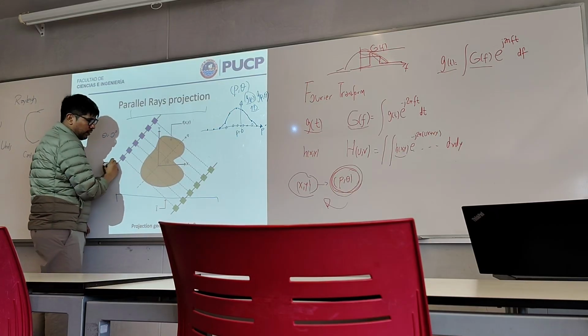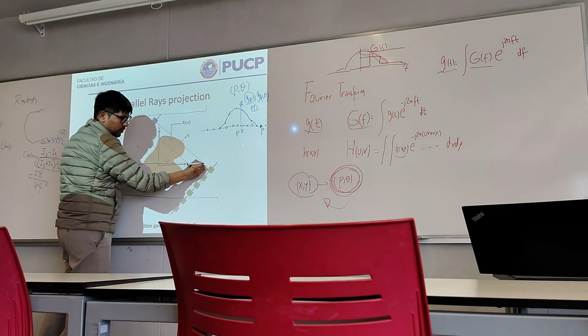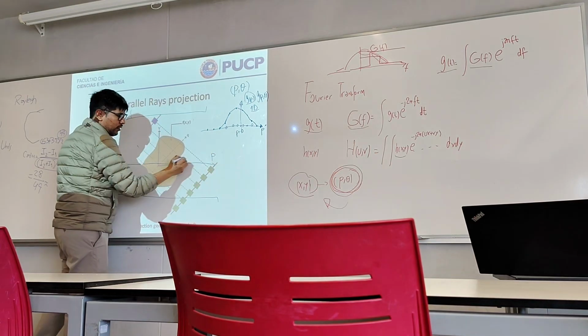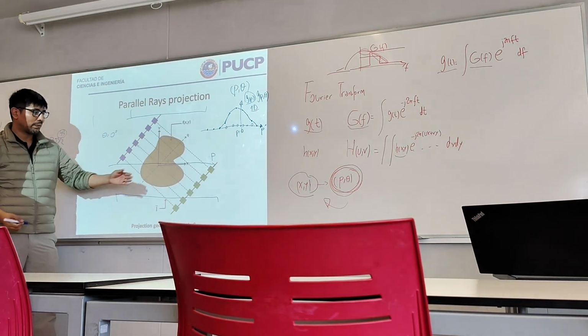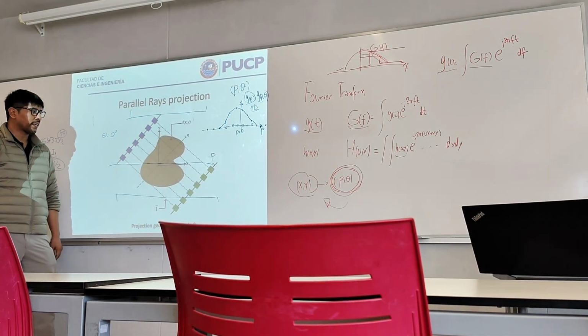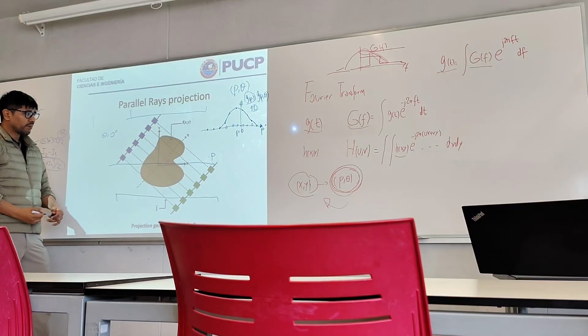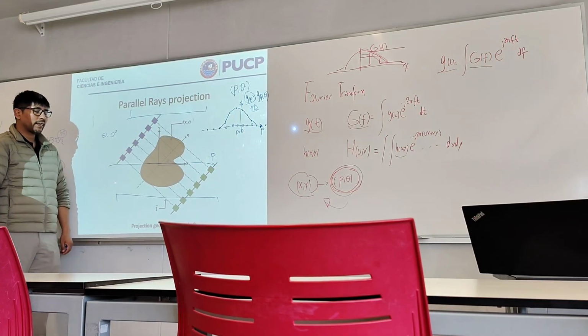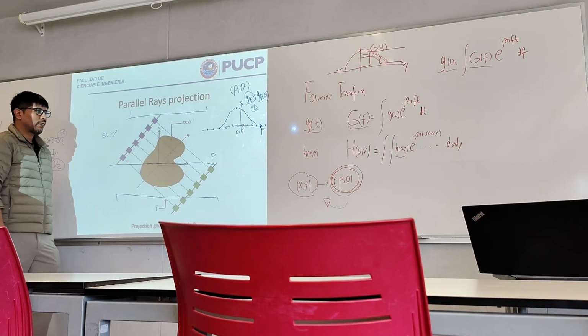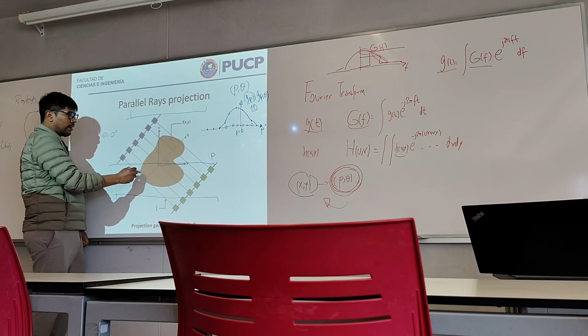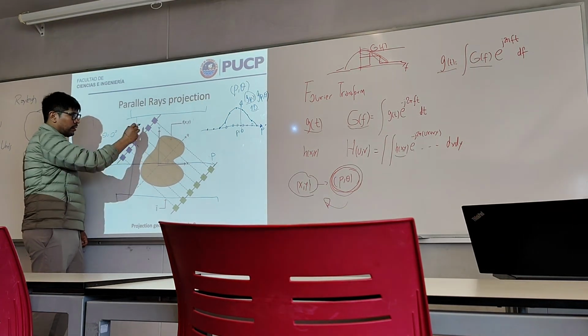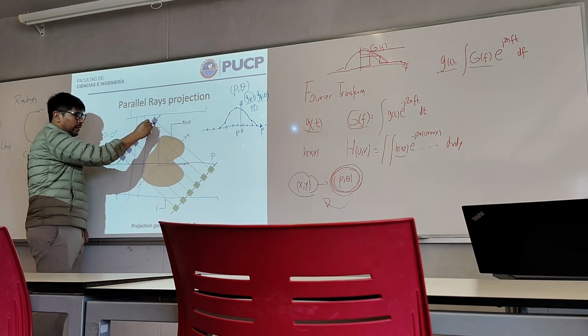So basically, P will be in this axis, parallel with X, so basically the same as X. In that case, how would the function of G of P and theta look? It's basically again repeating the process of sending parallel rays.